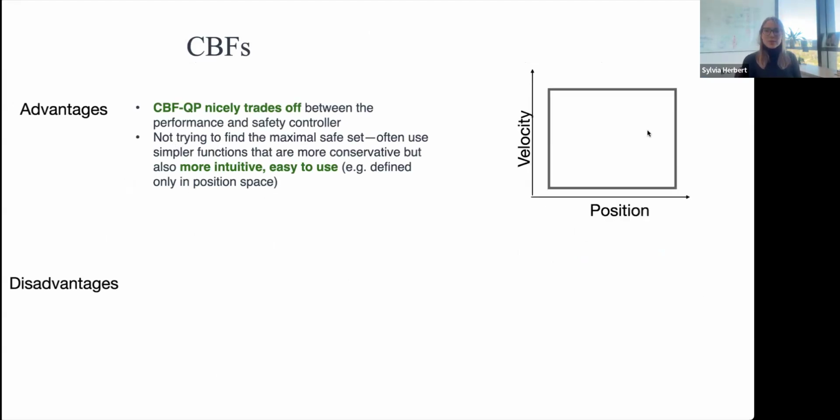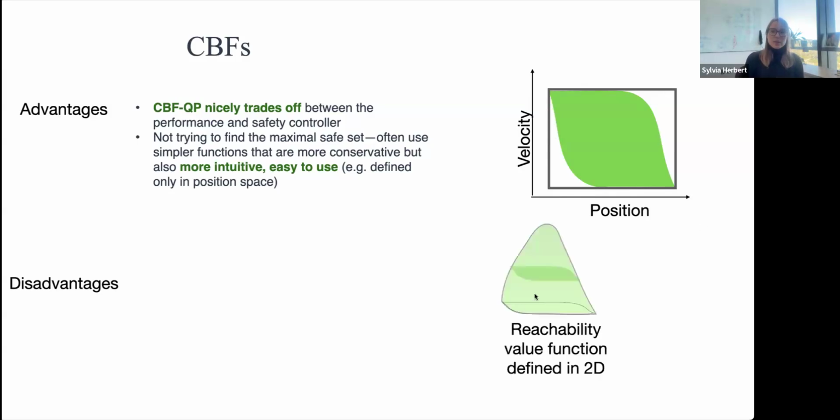As a quick example, let's imagine you have a dynamic system with 2 dimensions, position and velocity. And this is the constraint set. The true safe set looks something like this, or sorry, not true, maximum safe set. Your reachability value function might be this funky looking shape defined over a grid.